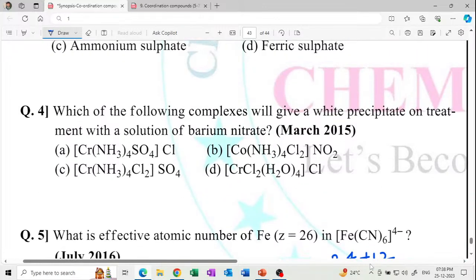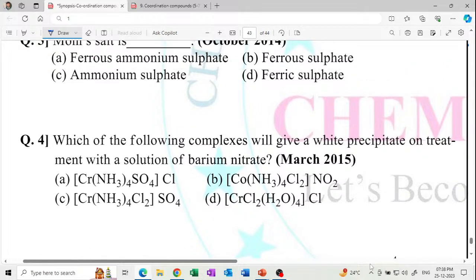Next: which of the following complexes will give a white precipitate on treatment of the solution with barium nitrate? Barium nitrate forms a precipitate with sulfate, barium sulfate. So this is your answer.